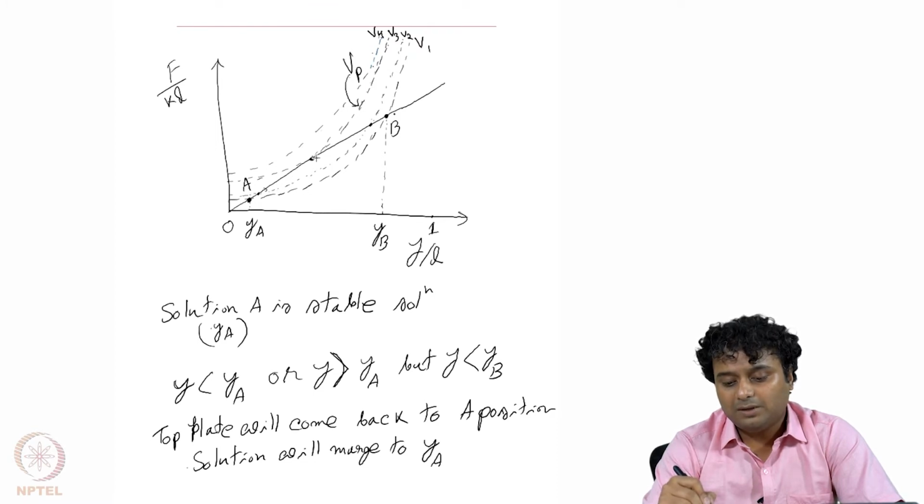Then it will reach a minima, and after that it will start moving upward again, because the electrostatic force is increasing at an even higher rate than the mechanical force.